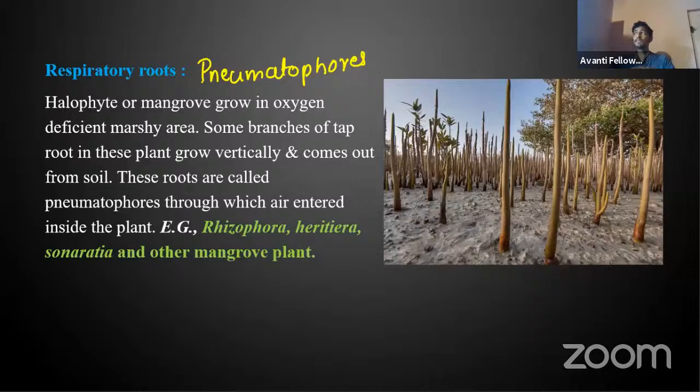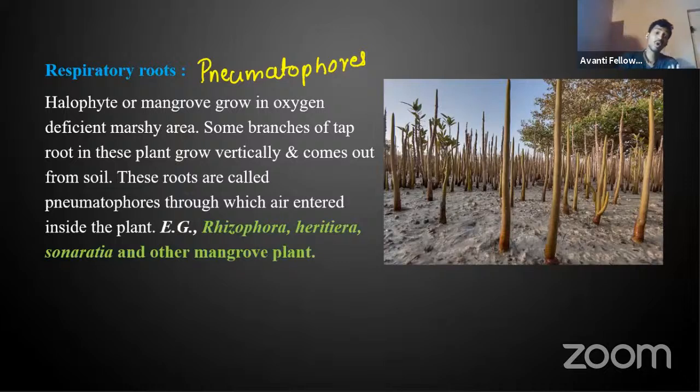Normally other plants get oxygen, or the air, which you can find within the regular soil. But in these marshy areas, the air is replaced by water, so they can't find any air in the soil.